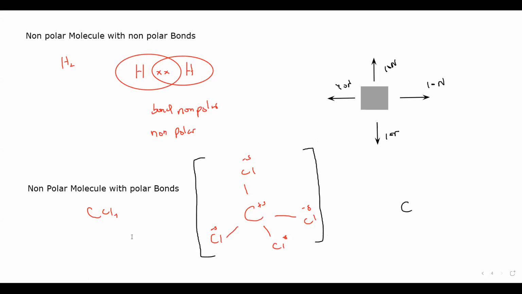So this molecule will have polar bonds. Why polar bonds? Because they are between two different atoms. But the molecule will be non-polar. Why is the molecule non-polar? Because the overall resultant dipole moment, a term we use when two different atoms are attracting the electron, one attracting more than the other, so there is a distribution of electrons, but the overall dipole moment, or overall shifting of electrons, is zero.